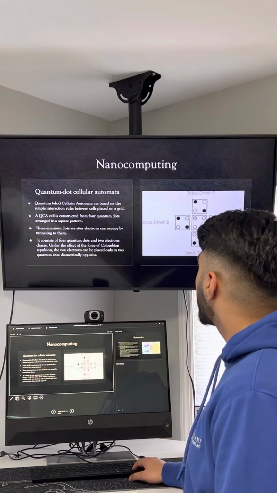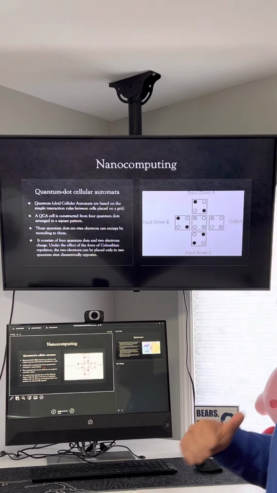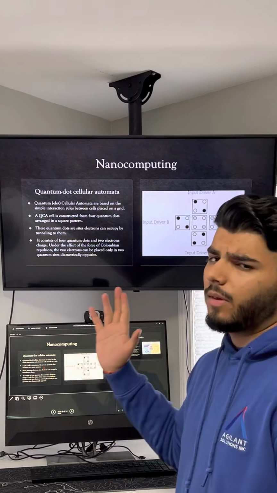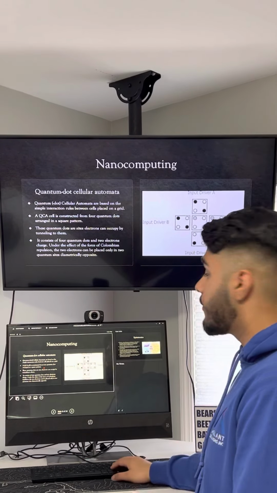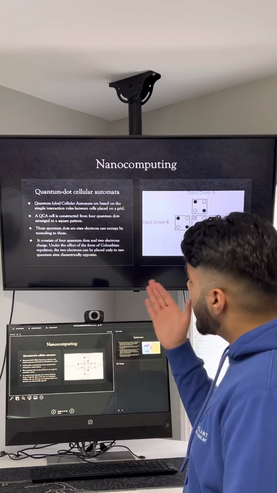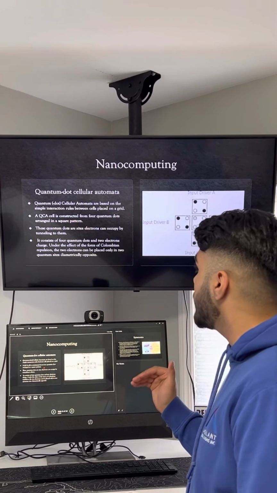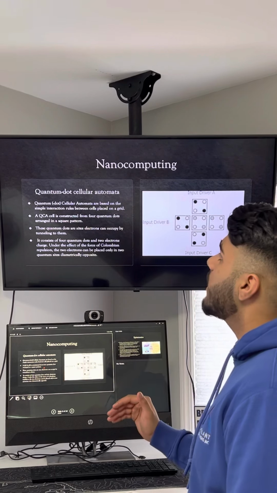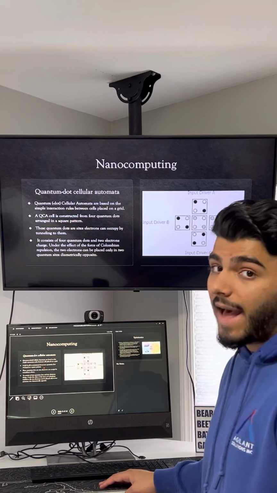All right, the next topic for nanocomputing is quantum dot cellular automata. That was QCA. If you saw it on the last slides, I talked about QCA. This is what they're referring to. So QCA are based on simple interaction rules between cells placed on a grid. A QCA cell is constructed from 4 quantum dots arranged in a square pattern.